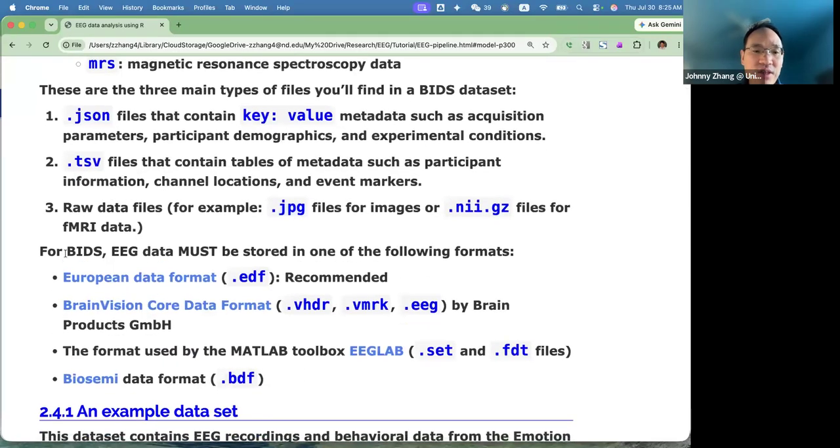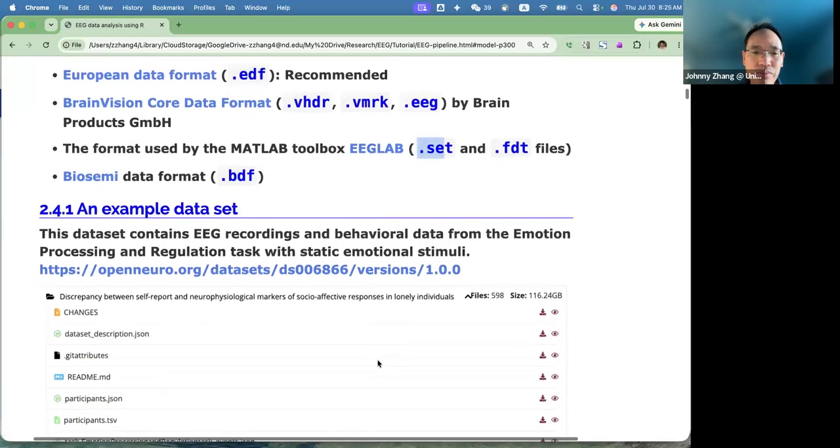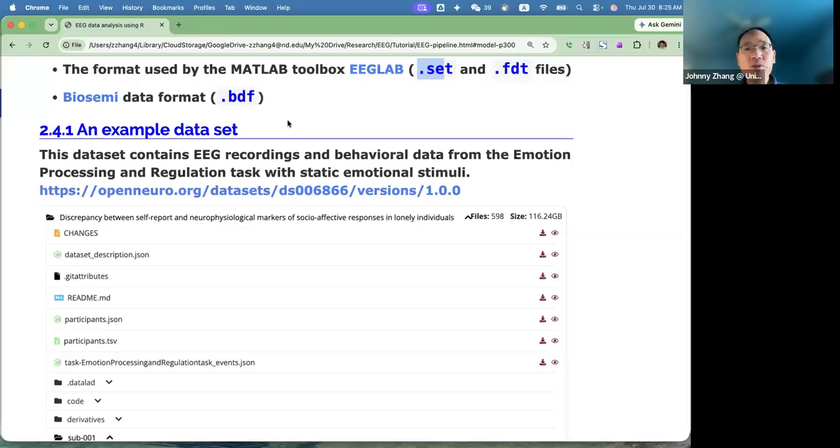For the BIDS data structure, if you use EEG data, your EEG data has to be in one of those formats, either the EDF format, the VHDR format, or the dataset format. The example I'm using is in this format. You can actually download the whole data set from this link, and this is the data set I'm going to use in this workshop.